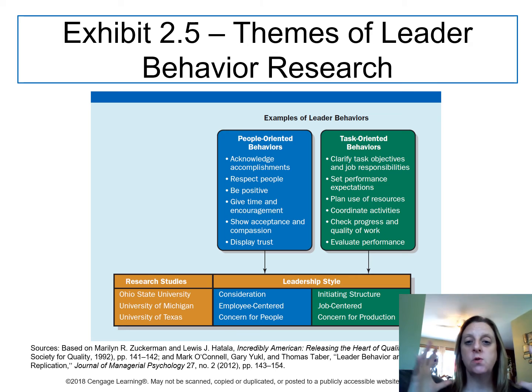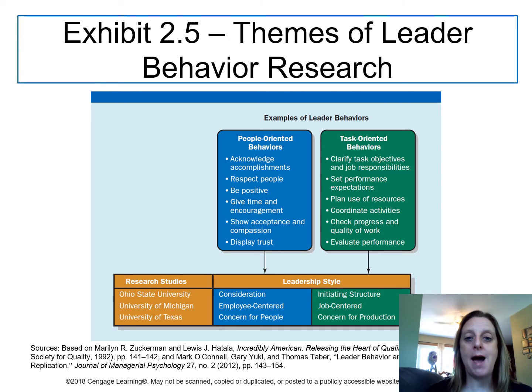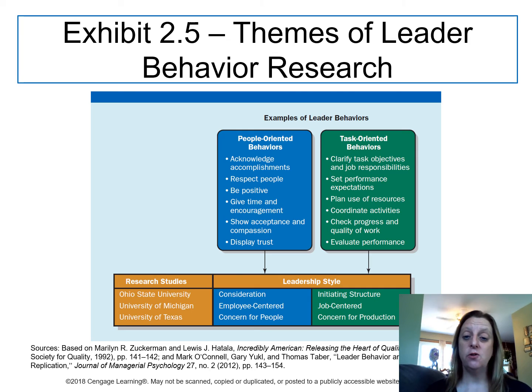Now, from those two ideologies or leadership styles that have been discussed in the research has been the development of other leadership behavior themes that stem from those, right? And one of them your textbook talks about is the leadership grid model, which is not shown on this slide, right? But you can refer back to it in your textbook.